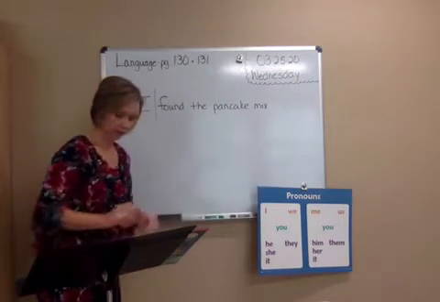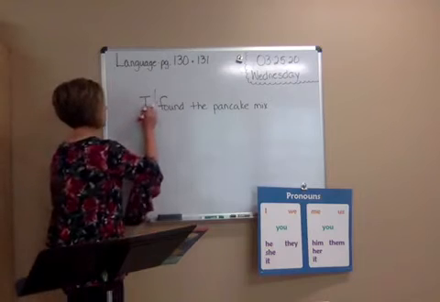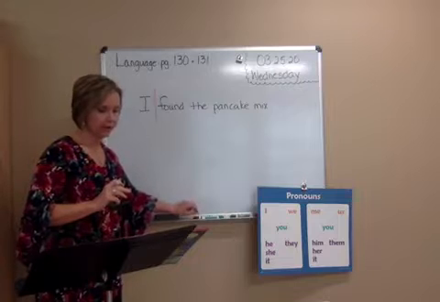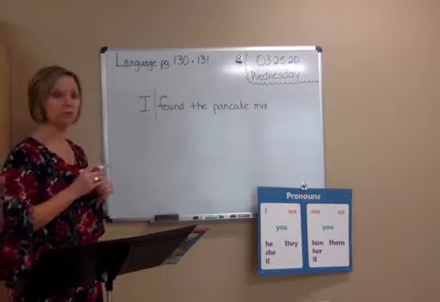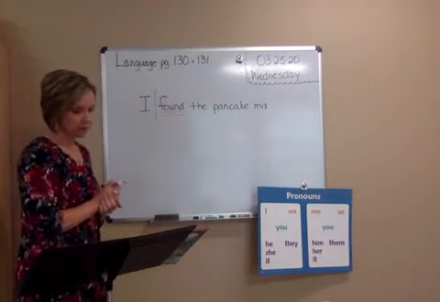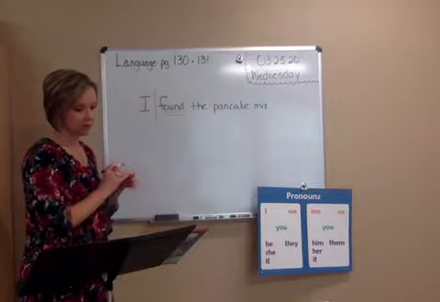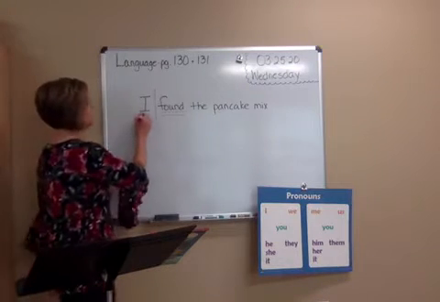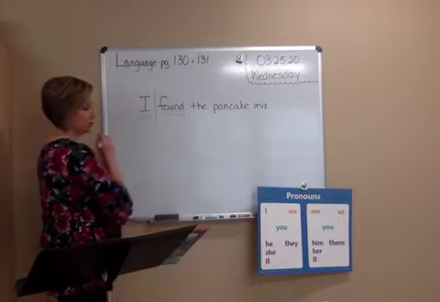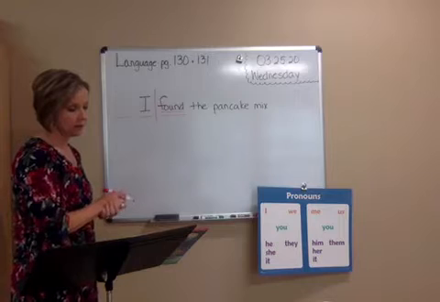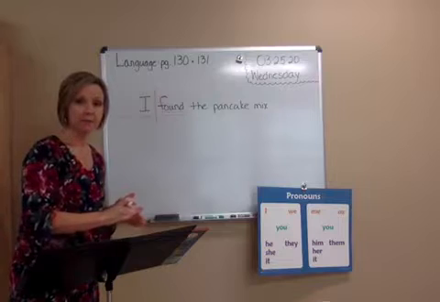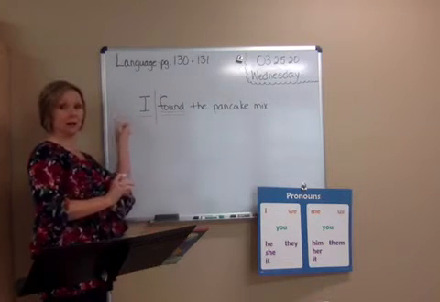Second step, draw 2 lines under the action verb. What's my verb? Found. Correct. Third step, we need to underline the subject. So let's back up. Draw 1 line under the subject. I. Yes. Now, in our blank, we're going to write S if the pronoun is in the subject part or P if it's in the predicate part. The pink I is on this side of the line.